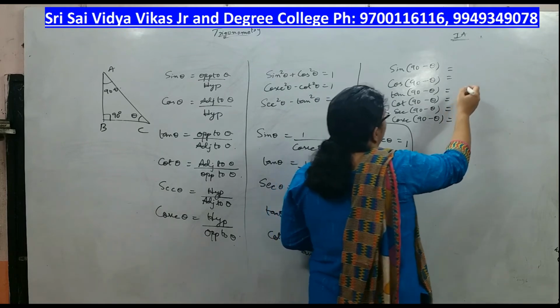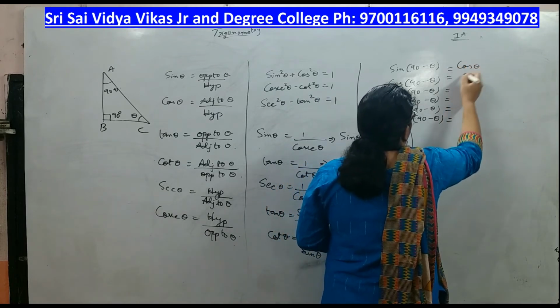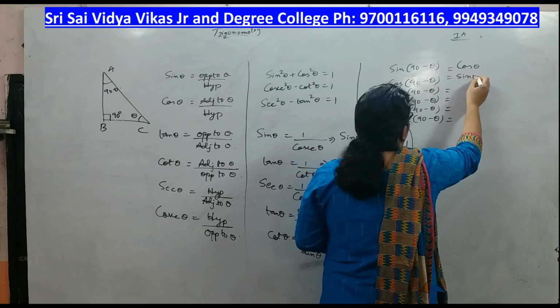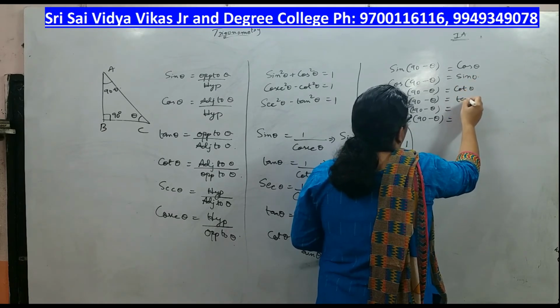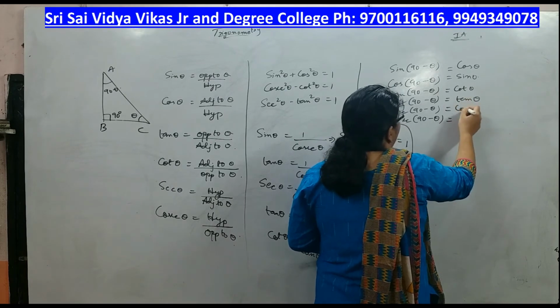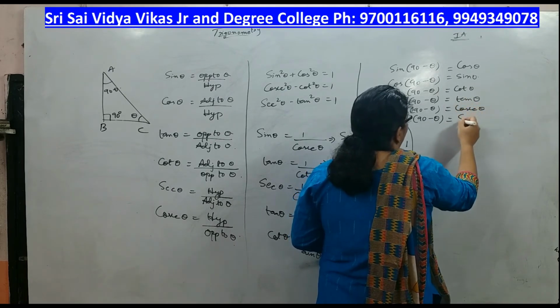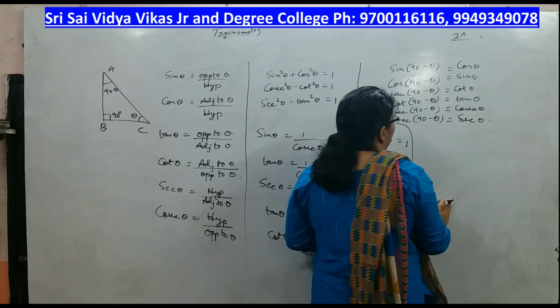Sin of 90 minus theta is cos theta, cos of 90 minus theta is sin theta, tan of 90 minus theta is cot theta, cot of 90 minus theta is tan theta, secant of 90 minus theta is cosecant theta, cosecant of 90 minus theta is secant theta.